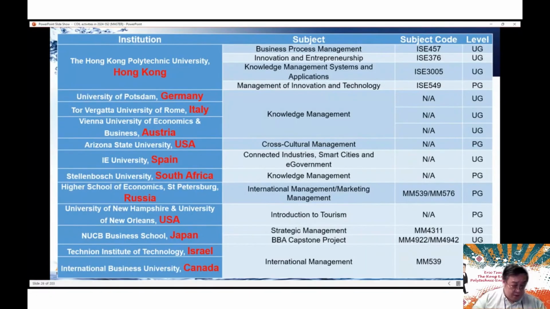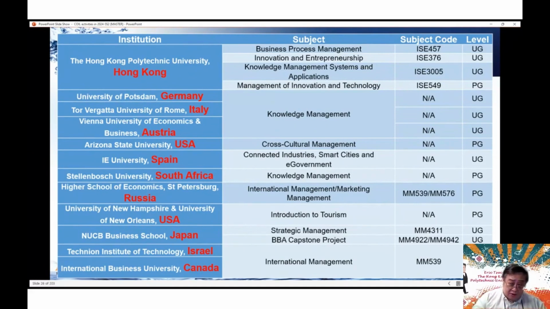We've done Japan, Asia, and Israel. And in Africa, so far I've only done it with Stellenbosch University in South Africa. I would love to conduct one or more with Moroccan universities, if that can be brokered.